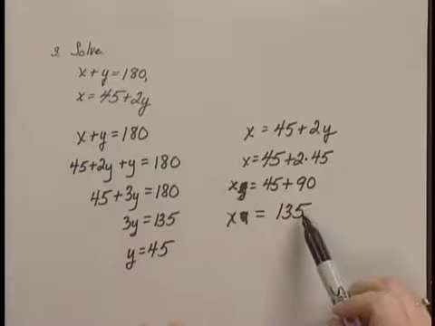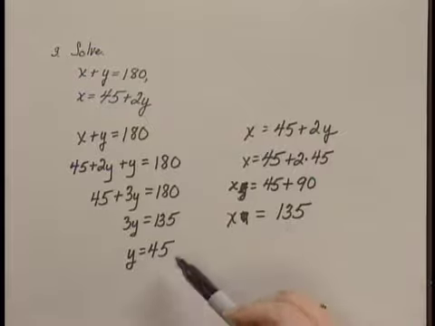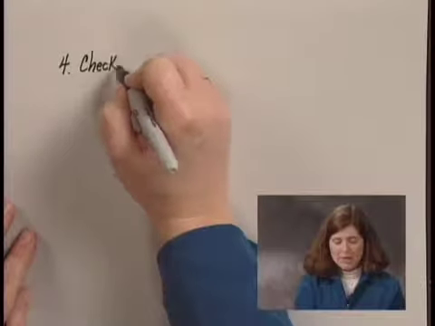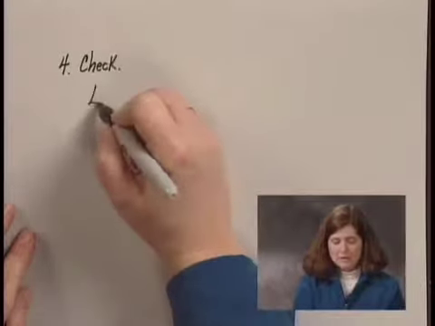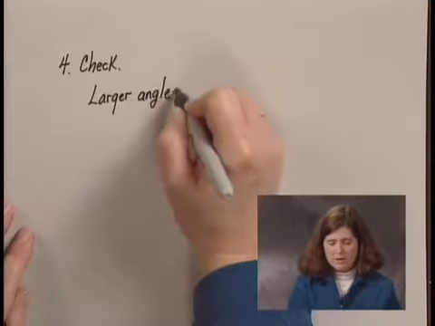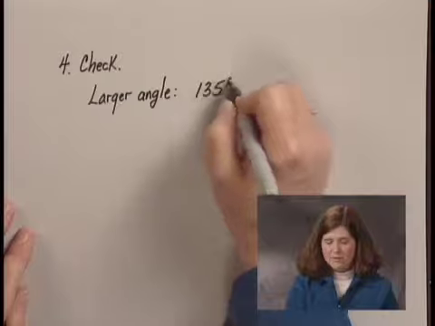So I found a value for x and a value for y, and I need to go to my fourth step, which is to check. I am checking, and I have that x, which was the larger angle, was 135 degrees.